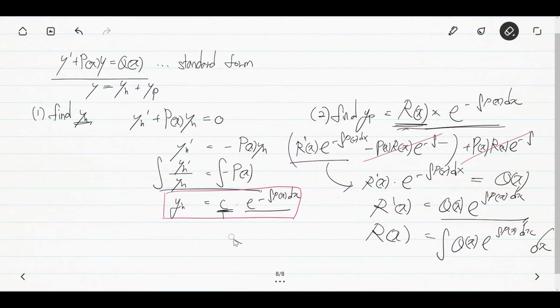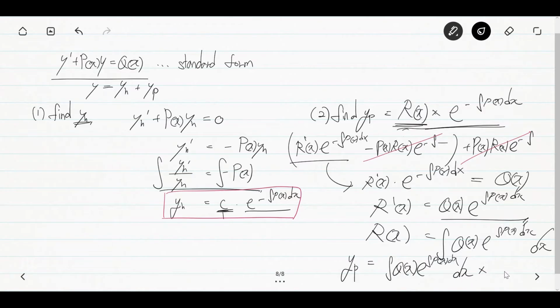Now, the particular solution y_p can be expressed as r of x times this. What I did just now is put the r of x into this.